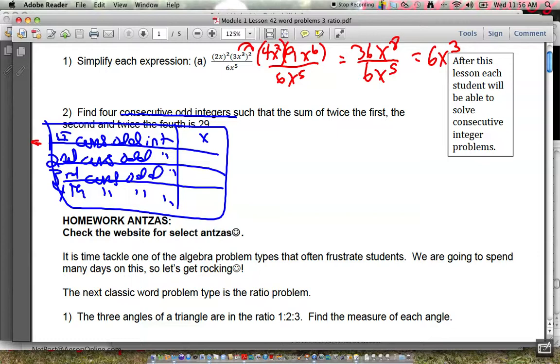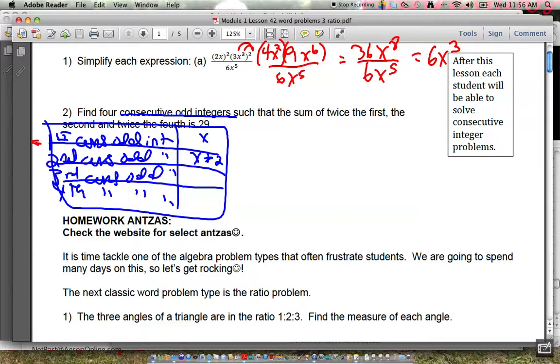X plus 1. No. And I'll explain why in just a second. X plus 2. Lily, what's your favorite odd integer? 3. What's the next odd integer after 3? Is 4 odd? No, 4 is even. So it's 5. What did you have to do to go from 3 to 5? Add 2. That's right, and that's why I'm adding 2 here.